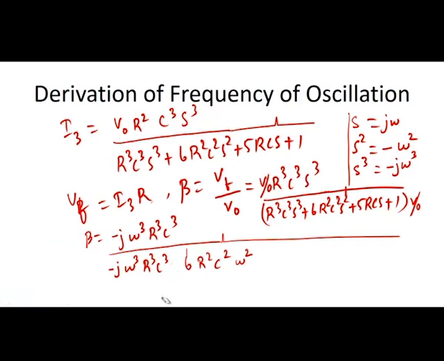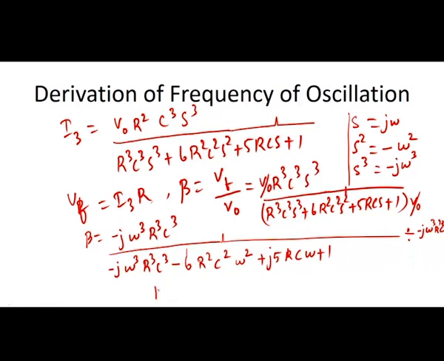So, here you replace the plus as minus, it is minus, and here you have only s. So, you will get 5 r c j omega plus 1. So, now you divide this term, minus j omega cube r cube c cube, in the numerator as well as the denominator.